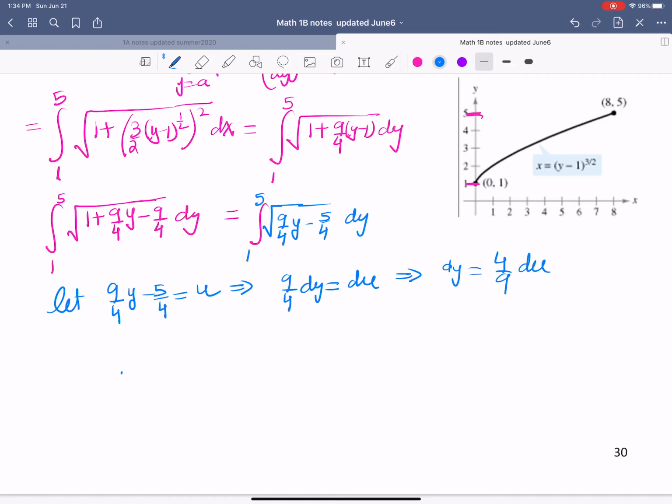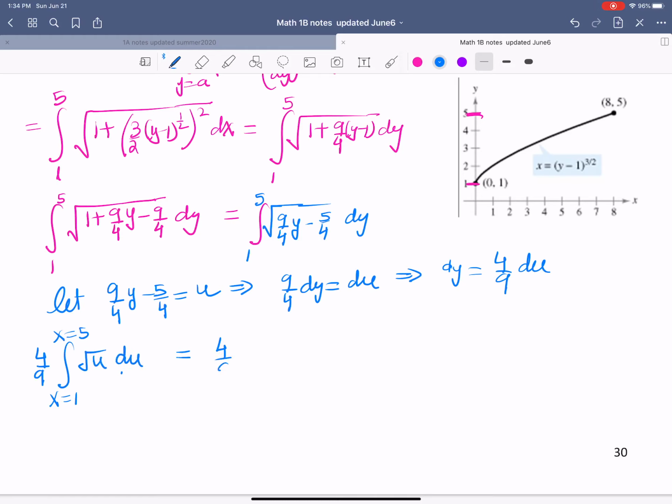Now I'm going to leave the bounds in terms of x, because I will probably come back to x. I have 4 over 9 square root of u du is what I'm left with.